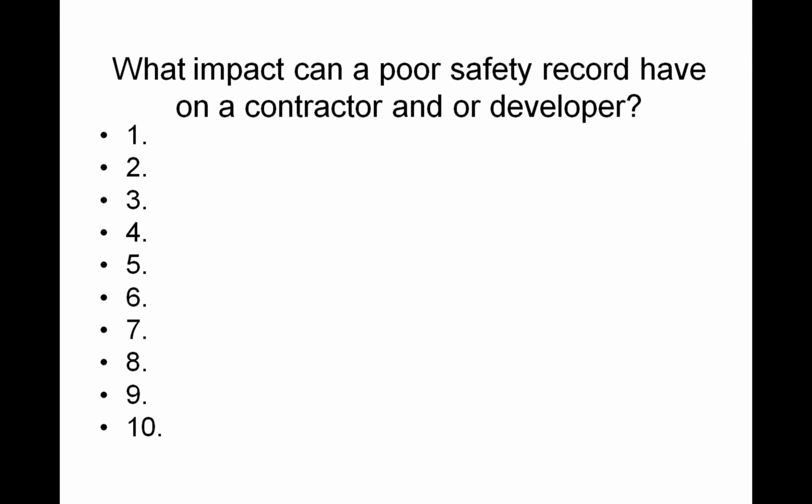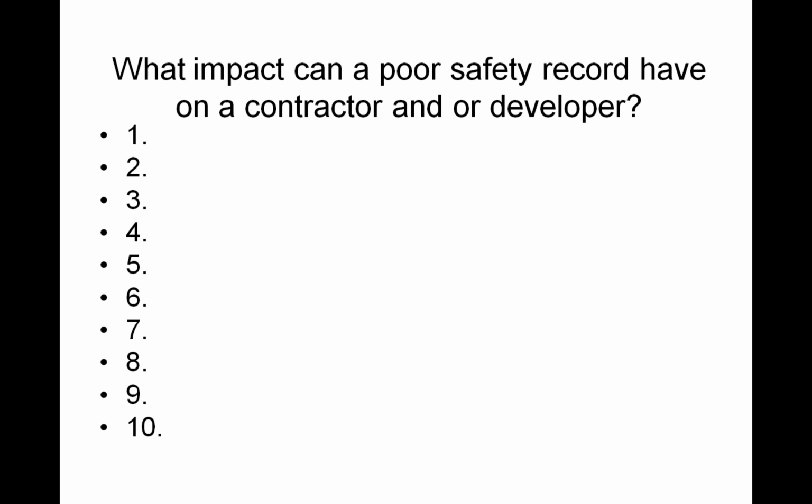If it's 0.8, that means you have a much better safety record than the average contractor, and it could lead to you having better premiums on your insurance. And it's also a selling point that you're better than the average contractor, that you have a better safety record. There's less lost time incidents, and that's a great thing to have. It's better on your budget, and it's a great selling point for the company.